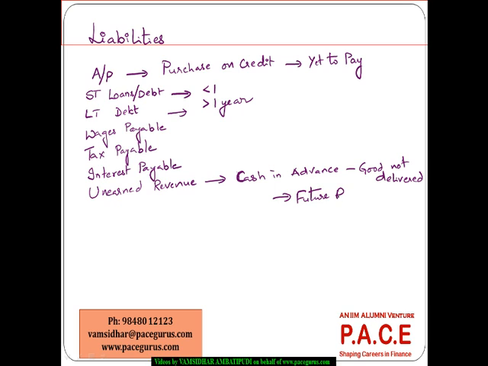So anything that is a part of the future revenue in the current period, we'll treat it as unearned revenue under the heading of the liabilities itself. So all these are different forms of accounts that could typically constitute the liabilities.